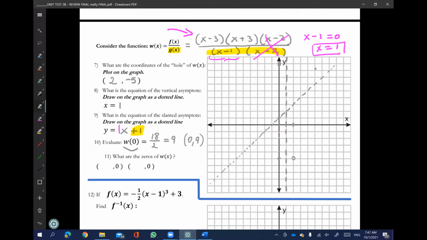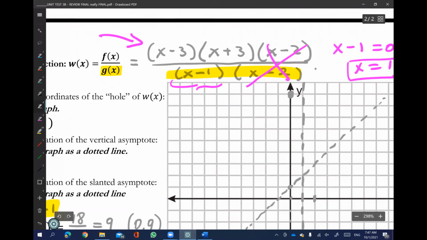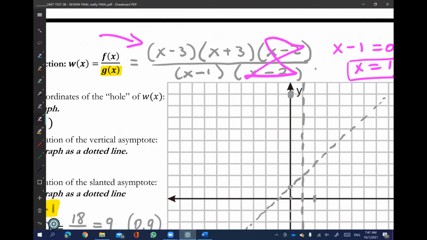And finally, what are the zeros of w of x? It's when any of the factors on top for f of x equals 0, except the one constituting the hole.